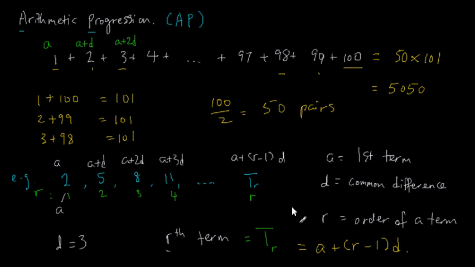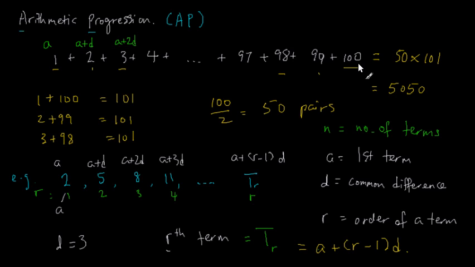Now in this case, the total number of terms is 100. So I'm going to make another symbol. I'm going to let n be the number of terms. So in this example, that would be 100.